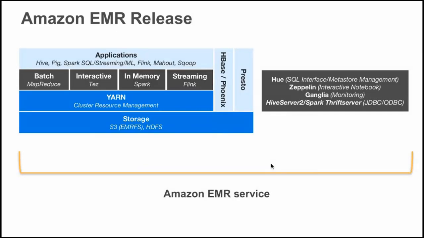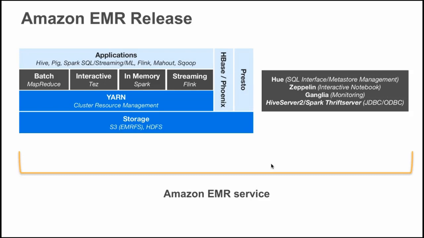So let's zoom in a little bit into an EMR release. So a release includes everything that you see here on the screen, essentially, as you select these different components, right? So there's the application stack. You can choose to use MapReduce, Tez, Spark, Flink, etc. for the different types of workloads.